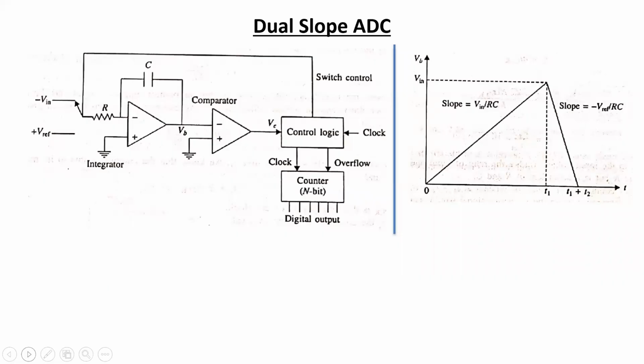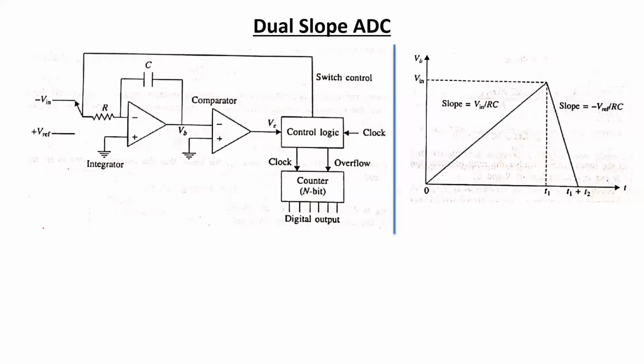The input voltage is integrated up to the maximum limit of the counter, and after that the reference voltage is integrated for a particular duration of time that is representative of the analog input, but the total conversion time is the summation of the two. So the overall conversion time is supposed to increase compared to the single slope ADC.